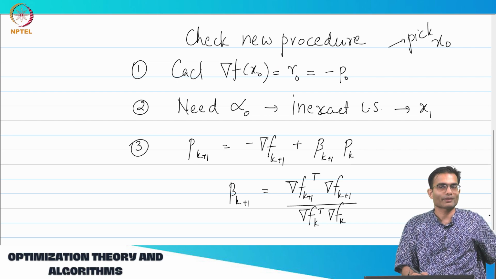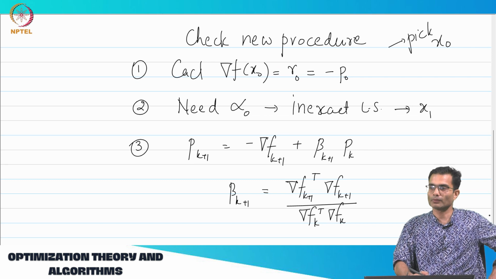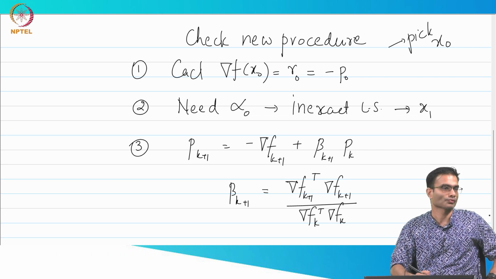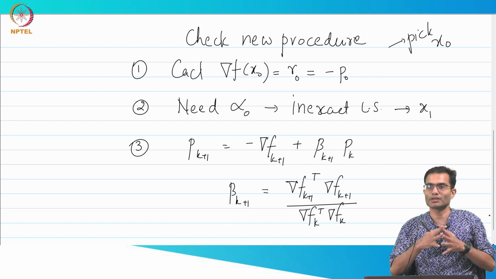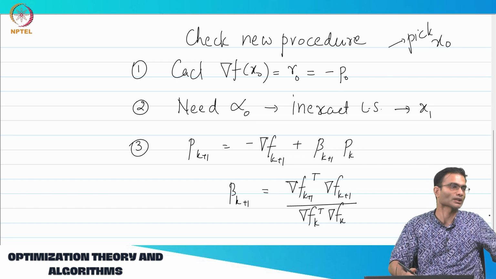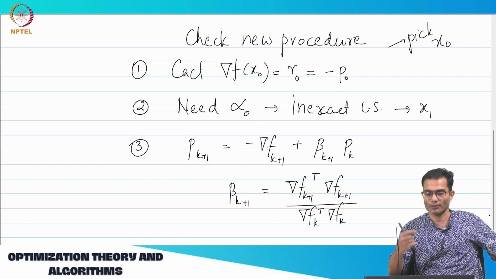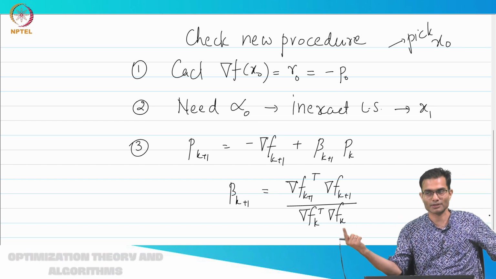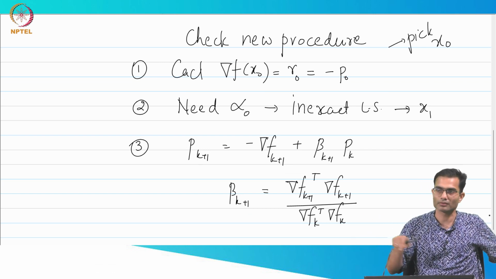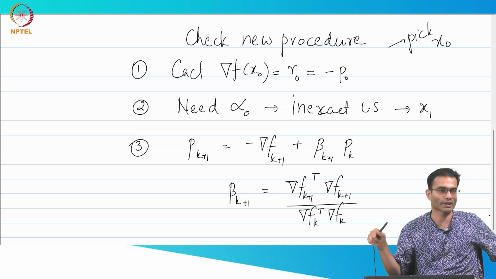So is my modified recipe now complete? Do I have everything in place? We are not getting into the proof that this is going to work or not, but will the recipe as it is work? I've got a way to calculate my alpha, I've got an expression for beta, which gives me my new conjugate direction. I can now rinse and repeat and go through the iterations. Would you agree?